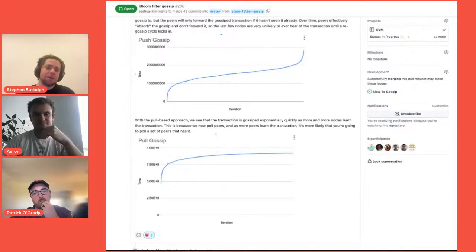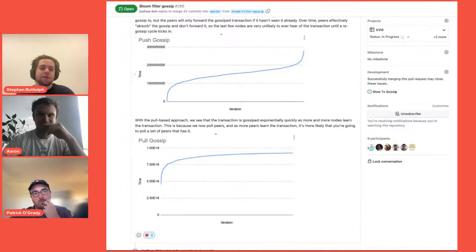Obviously the simulations have come out really well, so I think we're expecting this to go over really well on the C-chain side, but I'm also looking forward to introducing this on both the P-chain and X-chain as well. And I'm sure that the MEV crowd will have fun digging into this, because they are particularly interested in any mempool related changes. So yeah.